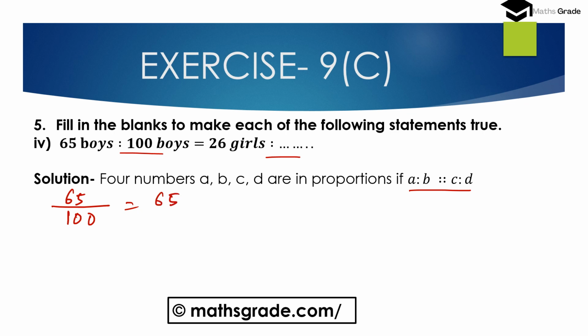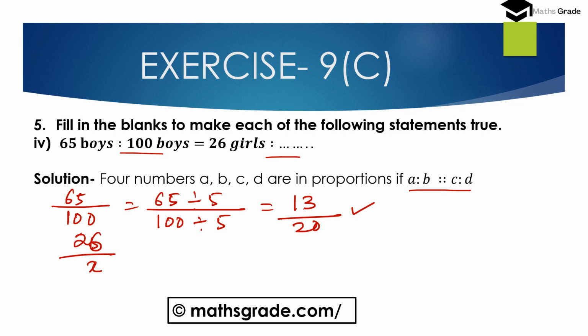So divide the antecedent 65 by 5 and the consequent 100 by 5. So 65 divided by 5 is 13 and 100 divided by 5 is 20. 13 divided by 20 is equal to 26 girls is to dash. Let the missing term be x. So 26 divided by x is equal to 13 divided by 20.